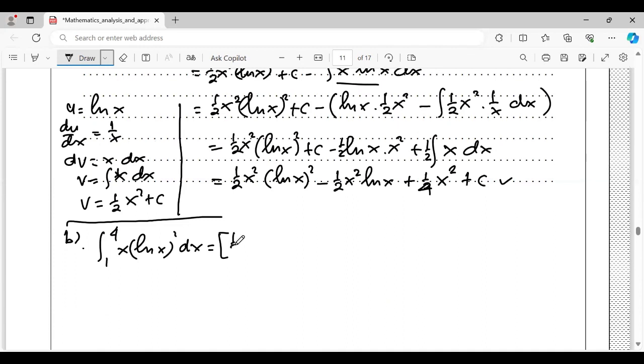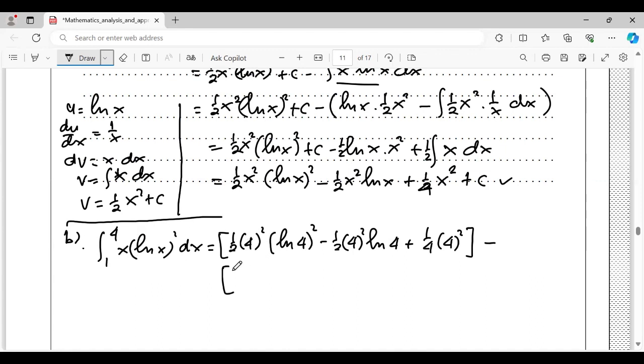So it becomes half times 4 squared (ln 4) squared minus half times 4 squared ln 4 plus 1 over 4 times 4 squared, minus, after 4, 1. Half times 1 squared (ln 1) squared minus half times 1 squared ln 1 plus 1 over 4 times 1 squared.